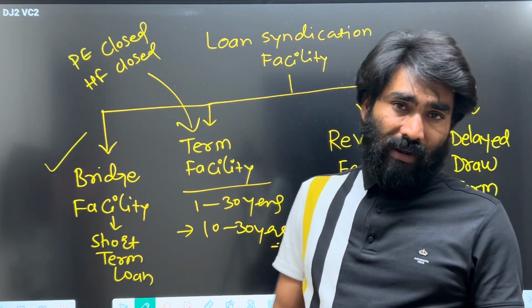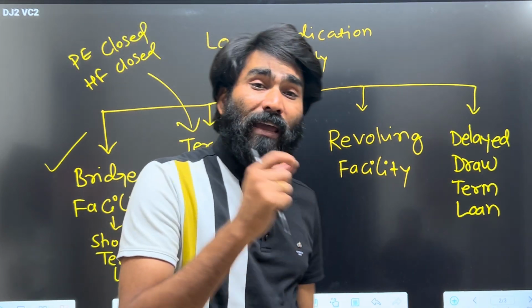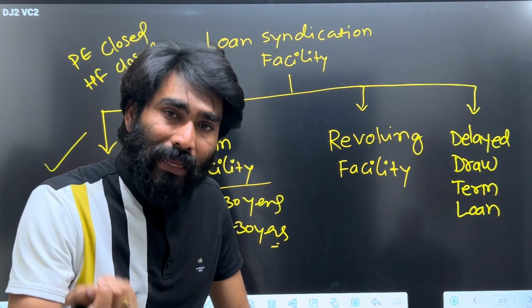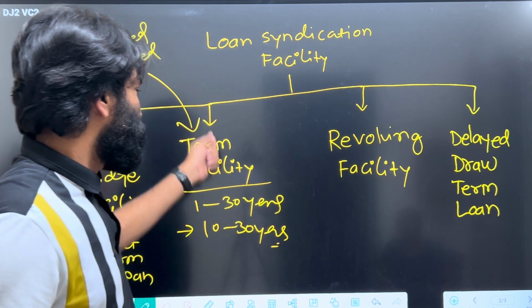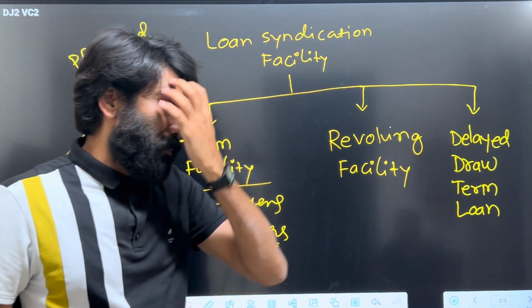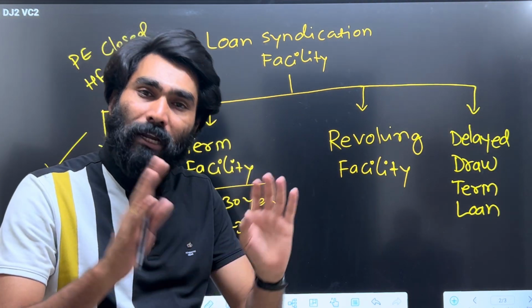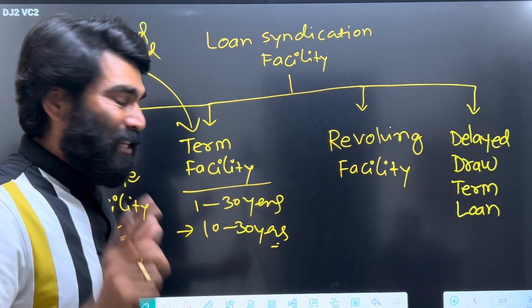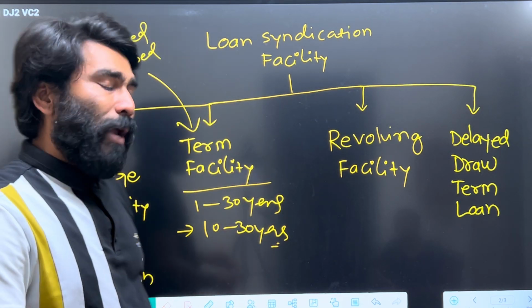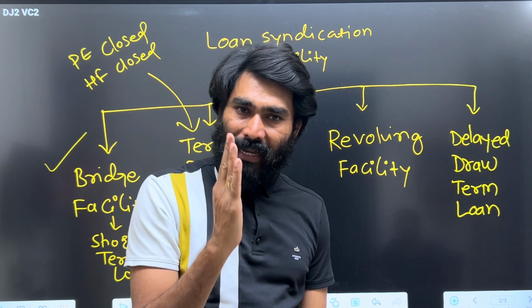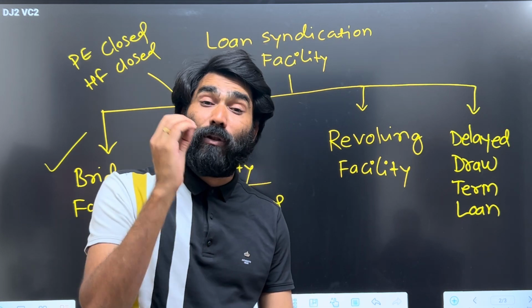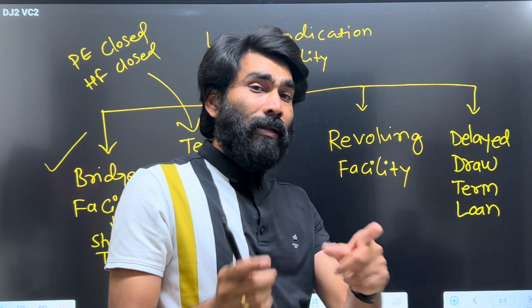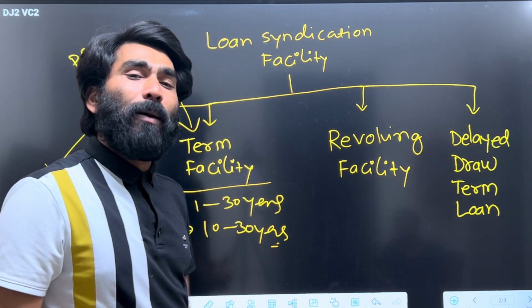If they have a plan for 20 years, they can apply for a loan for the next 20 years, and take a credit facility and utilize it for business expansion or development purposes. So in short, if any organization has a requirement for long-term funding, then the term facility comes into the picture.